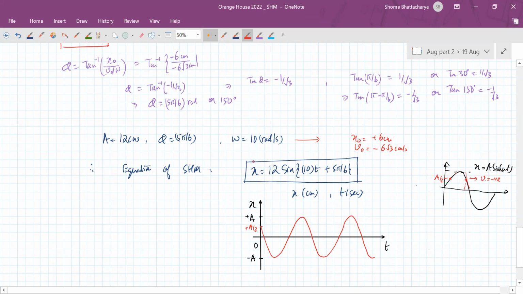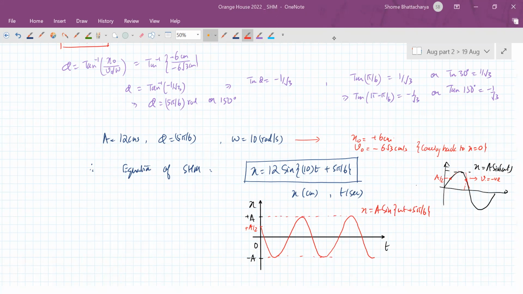It's coming back to the mean position, because the velocity is negative. So it's coming back to x equal to 0 at that time. So this is the graph of x is equal to A sine omega t plus 5 pi by 6. That's how we've transformed omega t to omega t plus 5 pi by 6.